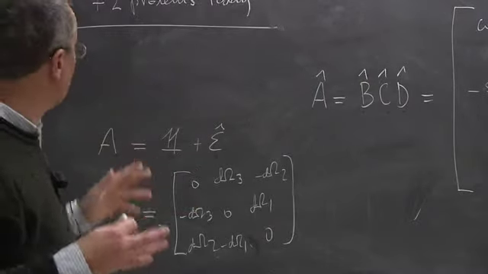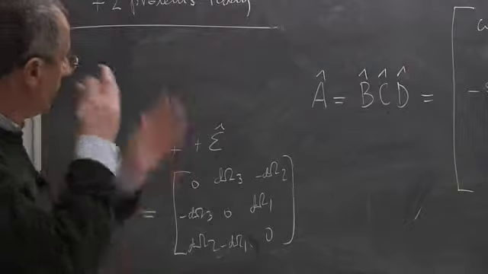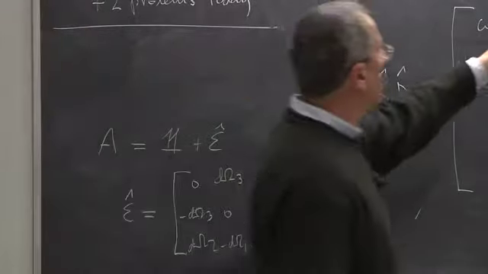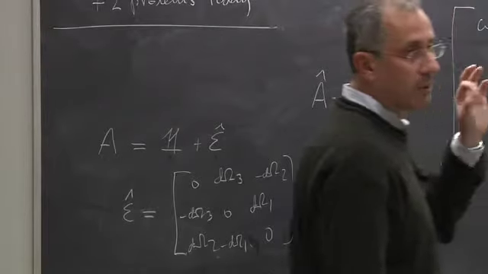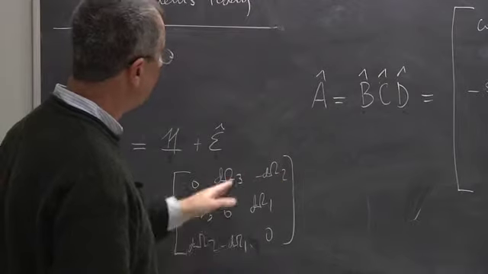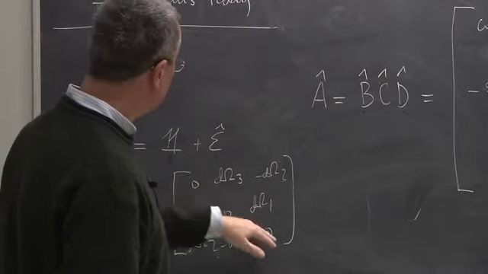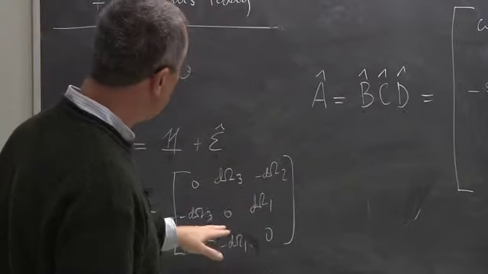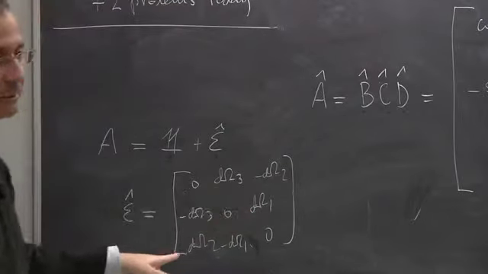So you end up with the same set of axes, and then just a small change. All these angles are infinitesimal, and I call them omega 1, 2, and 3. In that case, you end up with a matrix in this form. And you see this is a particular matrix because it's anti-symmetric.